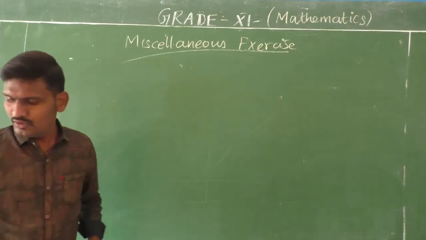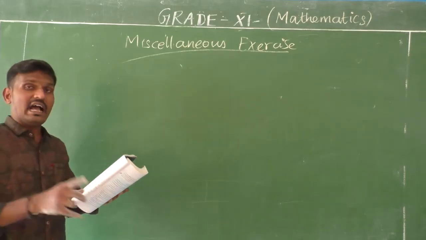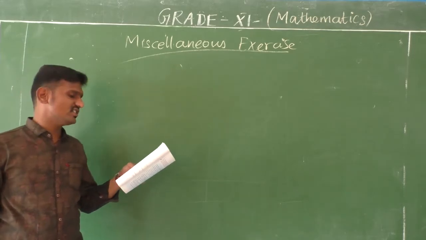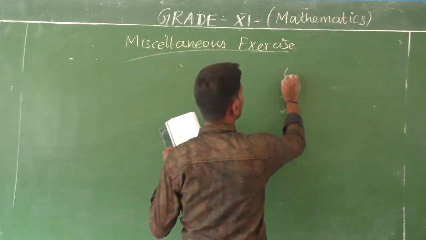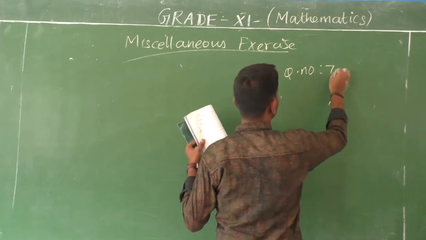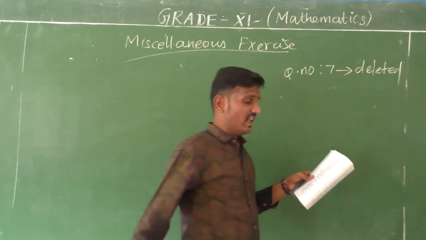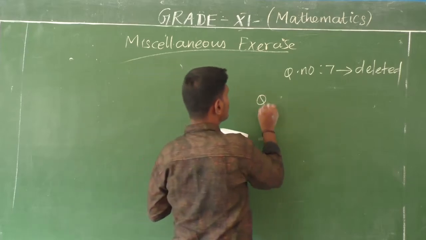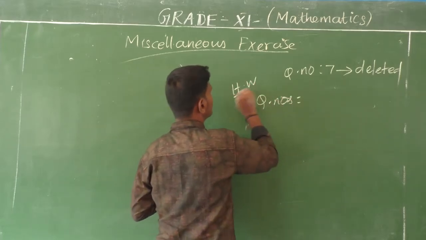Fine, students, so from the exercise we have one deleted portion sum, the question number 7. Question number 7 is deleted portion. And what are the questions I give you for the homework sums?